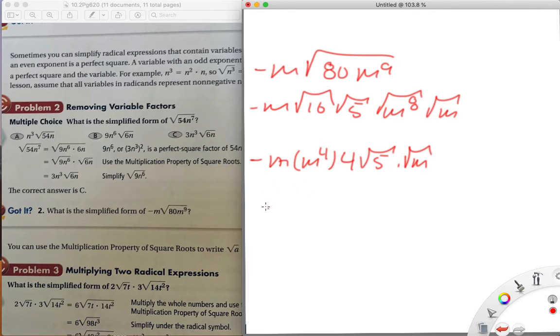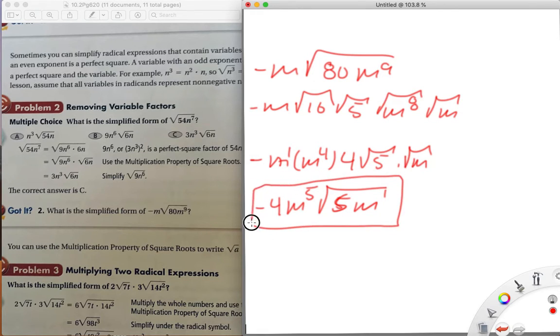The 4 goes to the front, so it's negative 4. I add that, remember there's a 1 here, 1 plus 4 is 5, m to the 5, and square root of 5m.